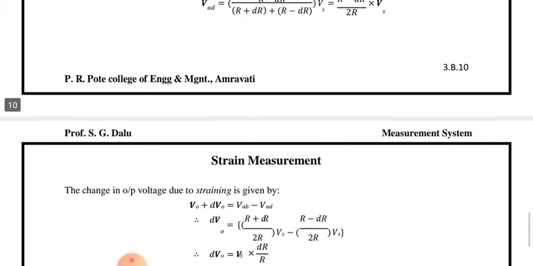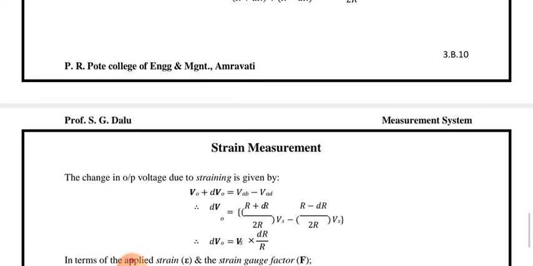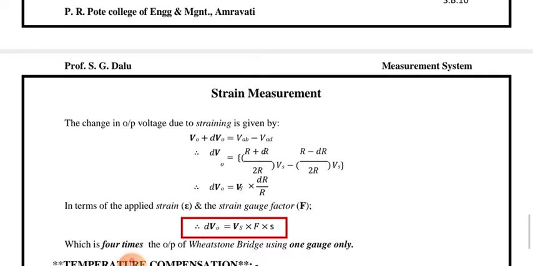Okay, so the change in output voltage due to the strain is given by VO plus dVO equals VAB minus VAD. So dVO equals R plus dR upon 2R into Vs minus R minus dR upon 2R into Vs. Here we have taken Vs common, and 2R is in the denominator.